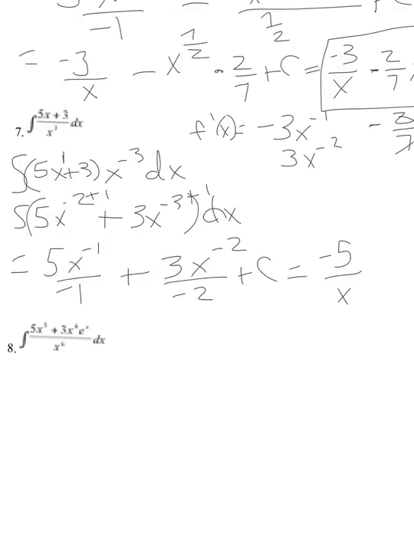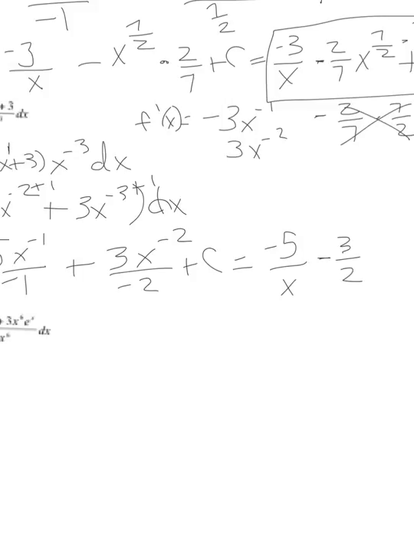And then on the second term, I've got a positive 3 on top, negative 2 on bottom. So I could write that as minus the fraction 3 over 2. And where will the x to the negative 2 end up if I write it with a positive exponent? On the bottom. So I would have an x squared on the bottom and a plus c.